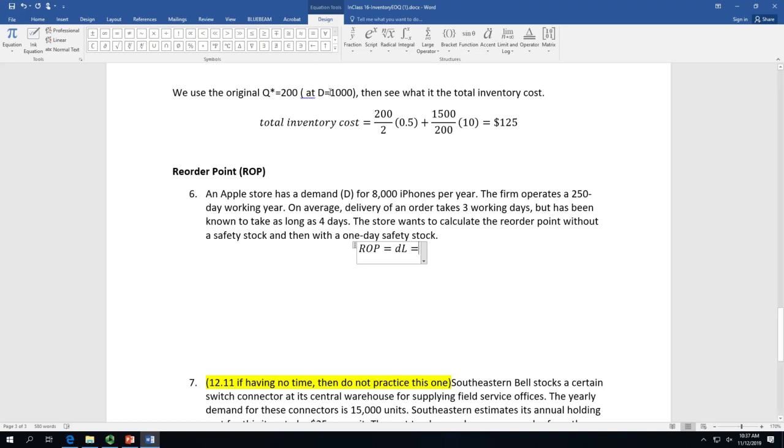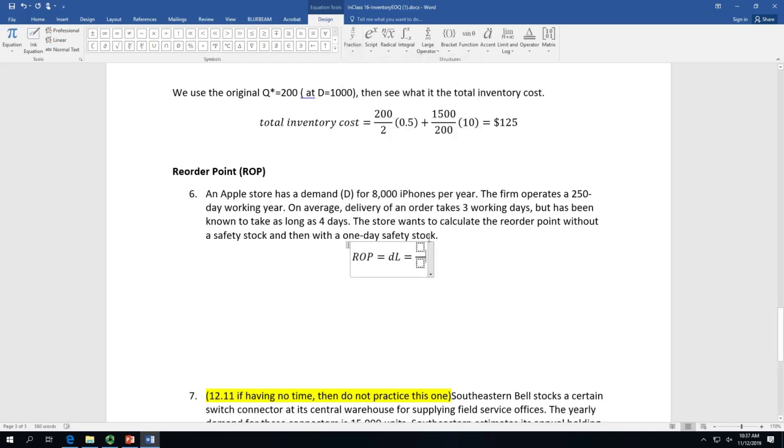Annual demand is 8,000 divided by 250 days, that's the daily demand. And then the lead time equals 3 days. And this number equals 96 units.